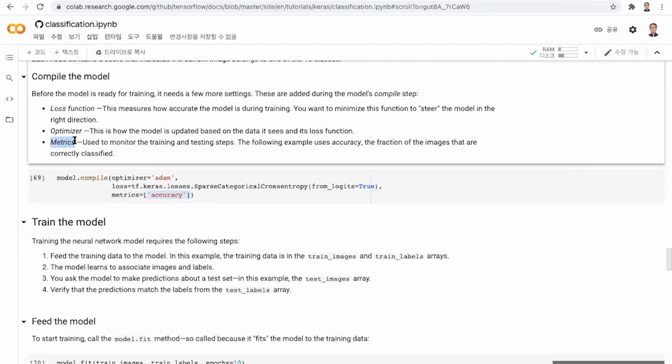This metric is used to monitor the training and test steps. So it is actually not necessary. But if you want to see how your model is progressing, you may add this metric, accuracy, for monitoring your training process.